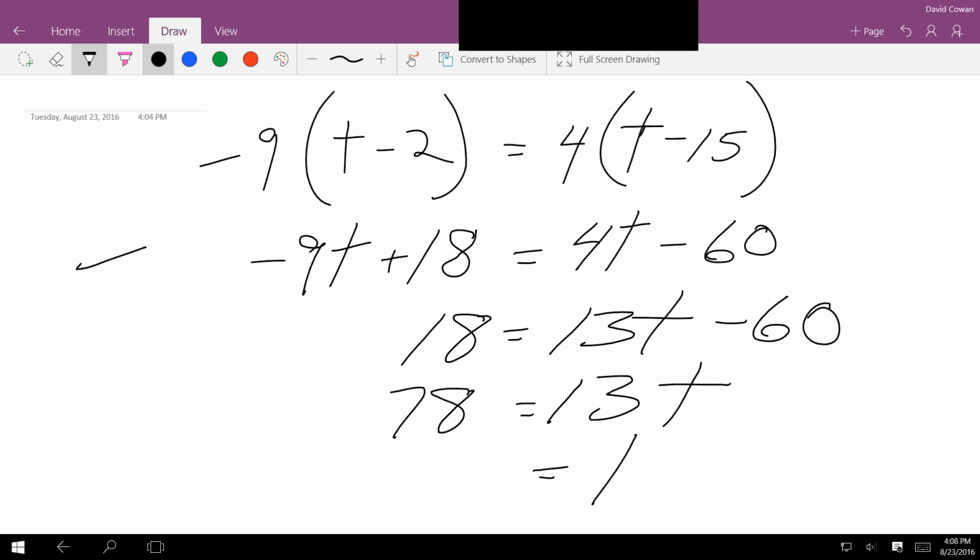And finally, does 13 go into 78? Let me just give you a little tip. When you're looking at a problem like this, most likely it does. They're not going to give you something that ends up being 79/13.